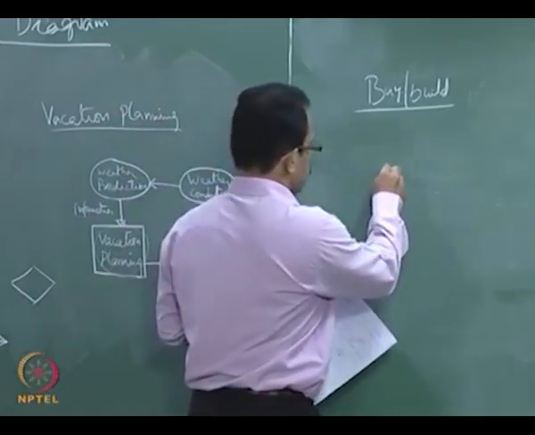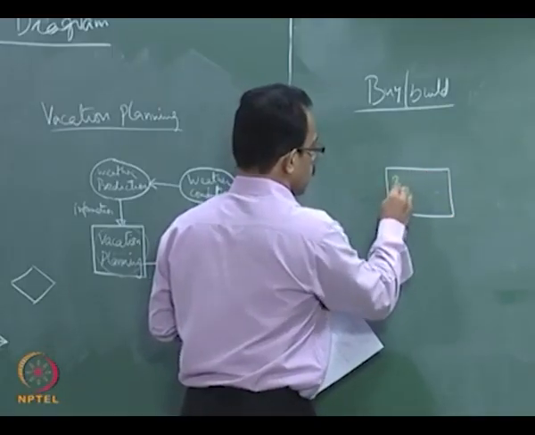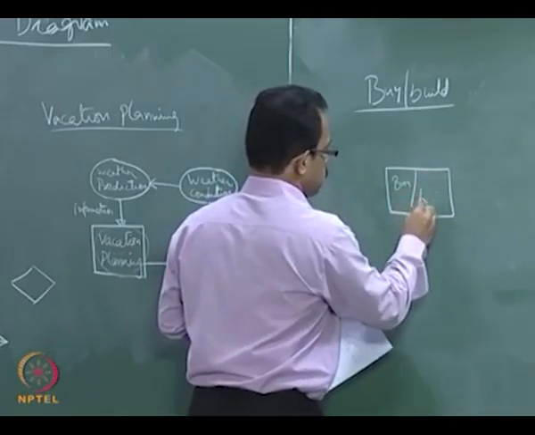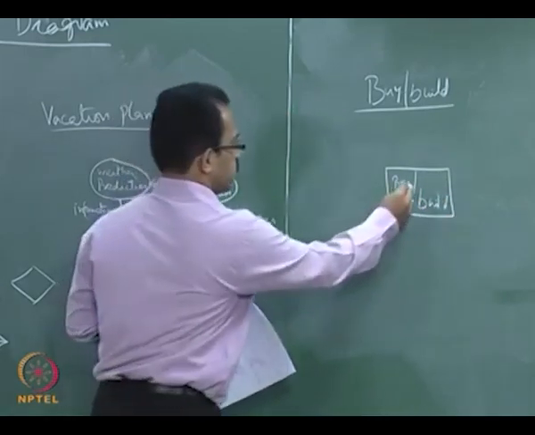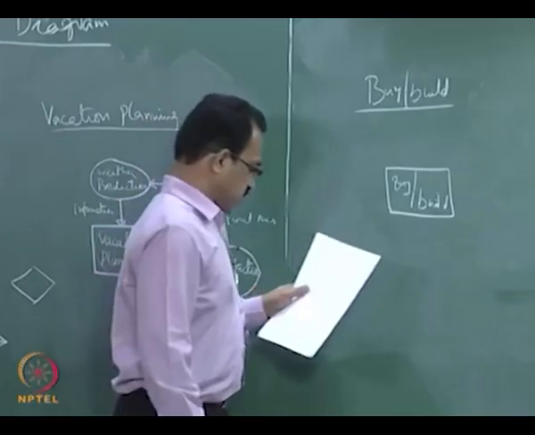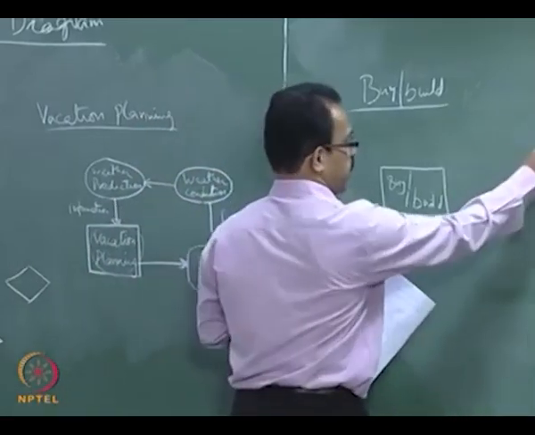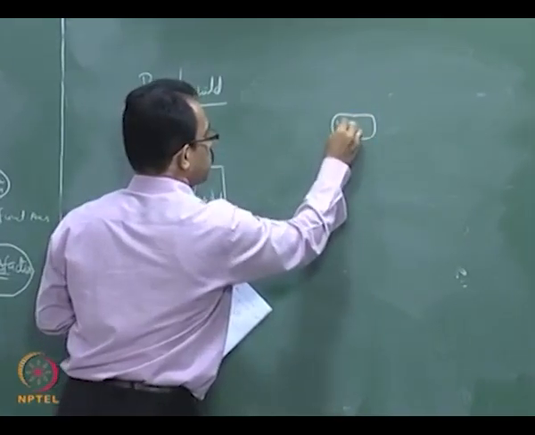So here the decision node is buy versus build. There are two factors which affect the value, which is the value it gives to the company.